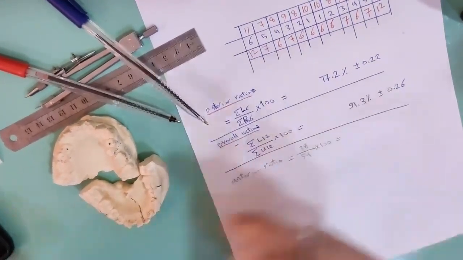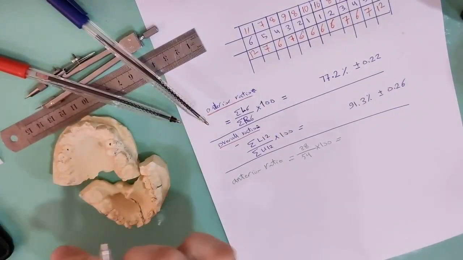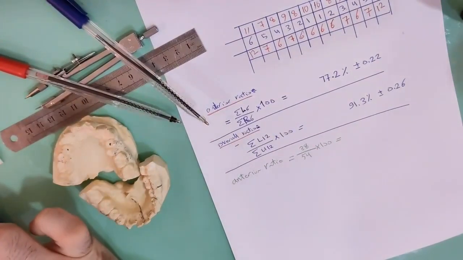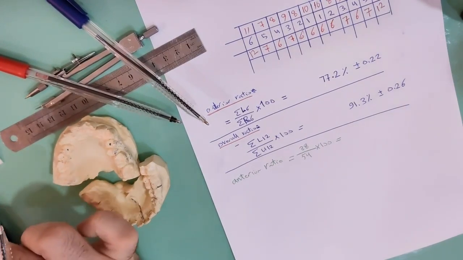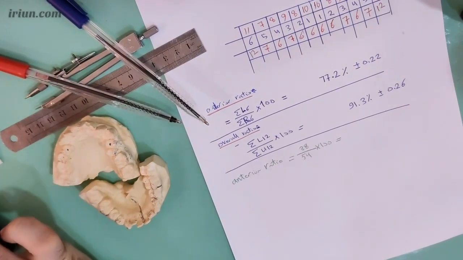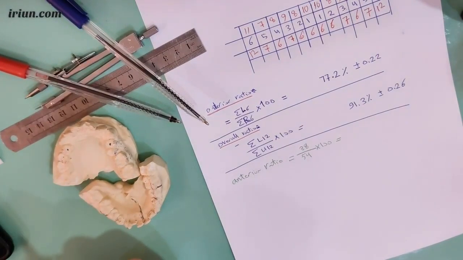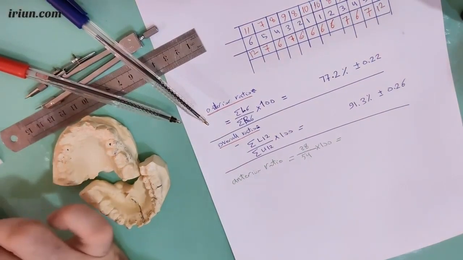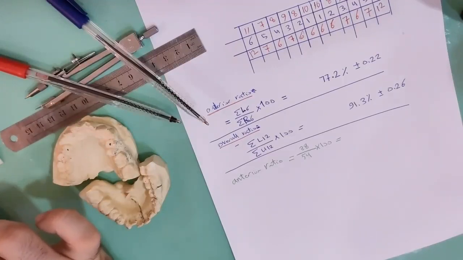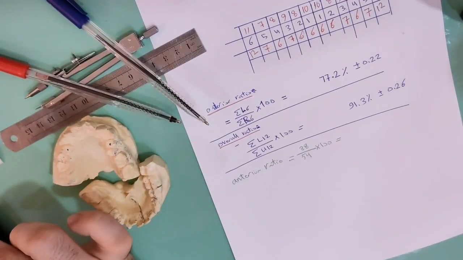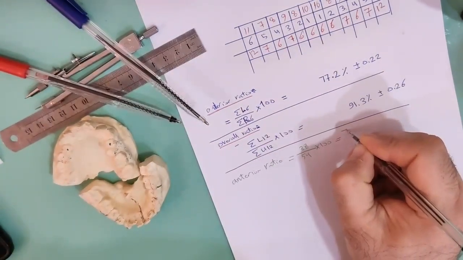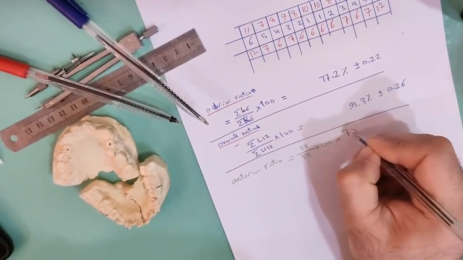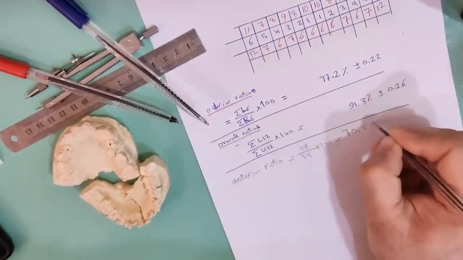Multiplied by 100, I will do this equation, 38 over 54. It's 70.3%.